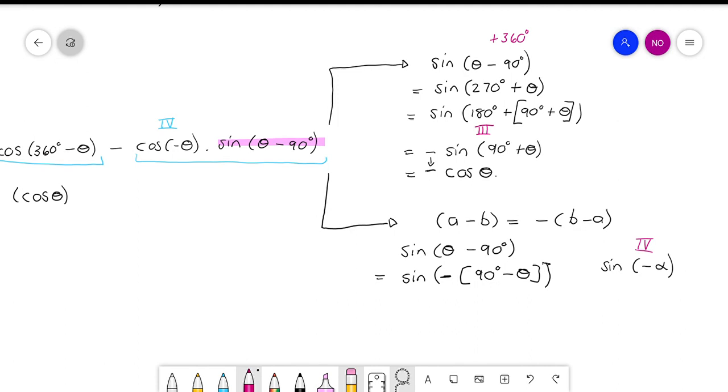Do you remember? What is the sign of sine in the fourth quadrant? Negative. And then I can drop that minus. You see? And then 90 means it's going to go to cos, negative cos theta. I prefer this one, but it doesn't matter. Both come down to exactly the same answer.